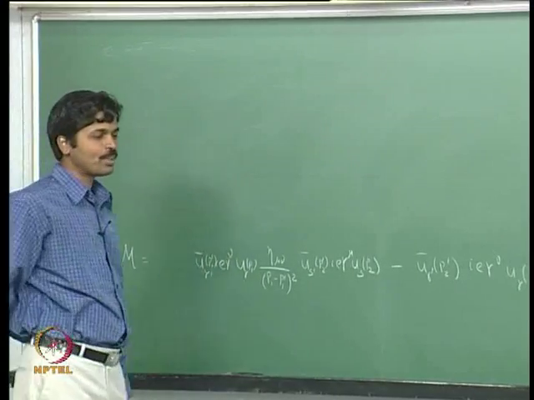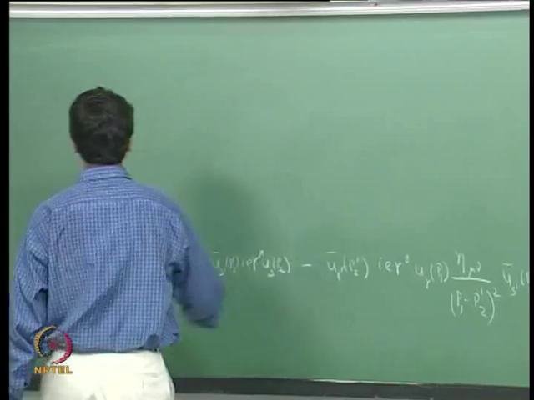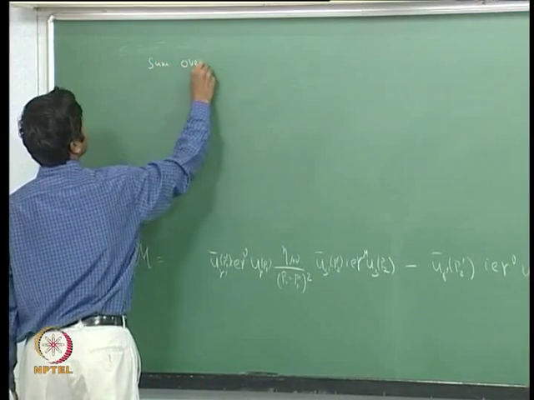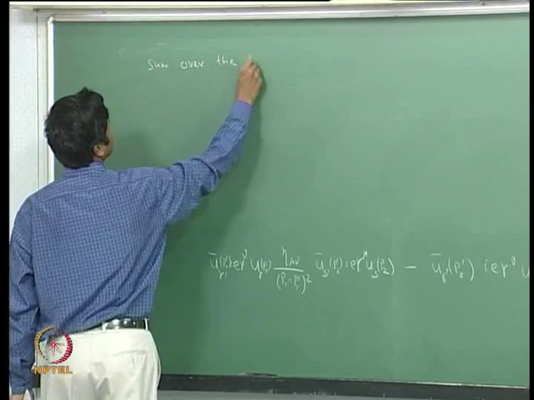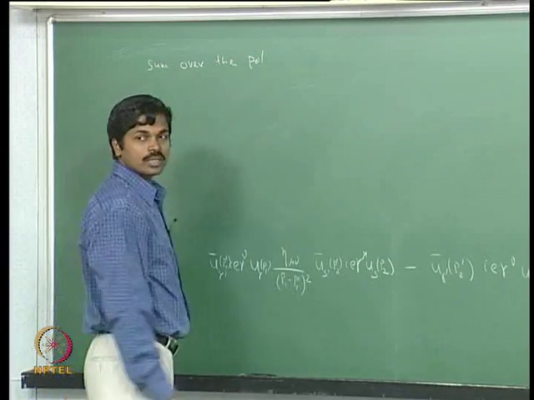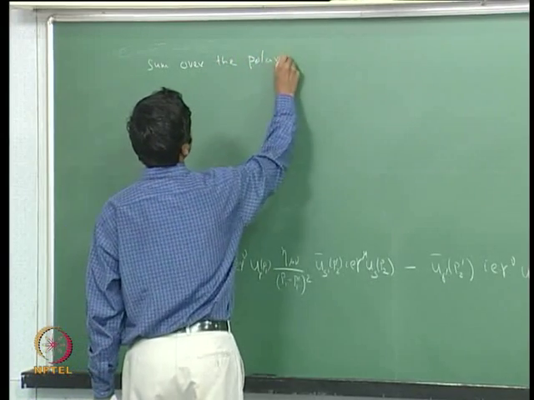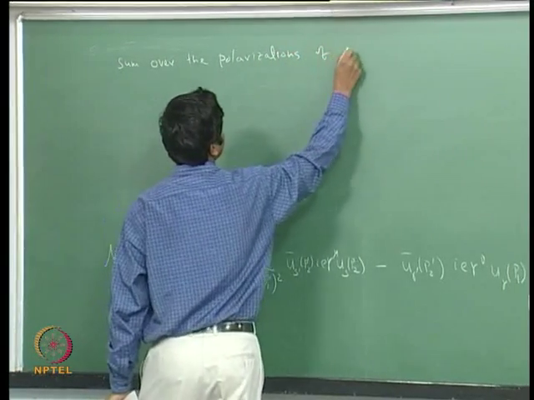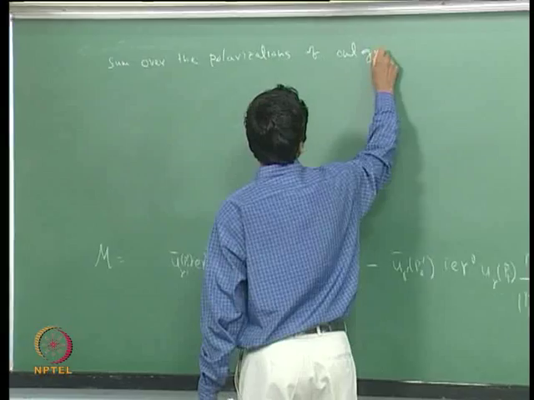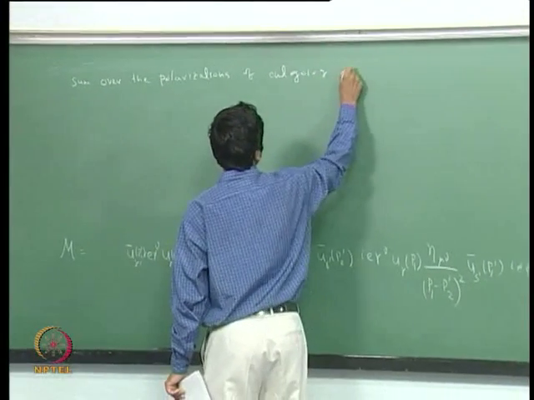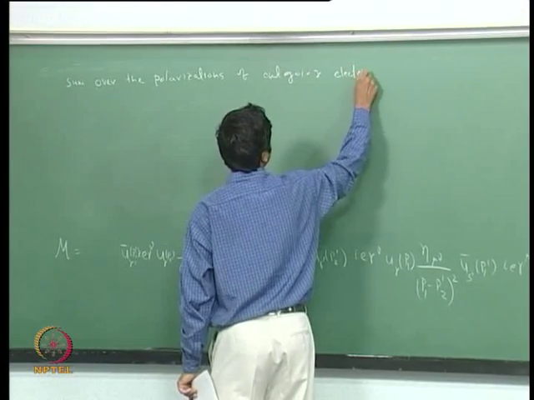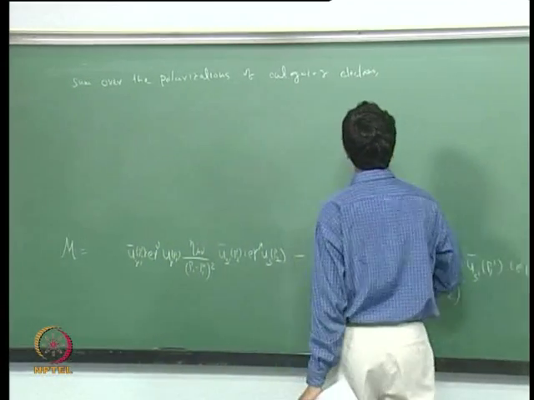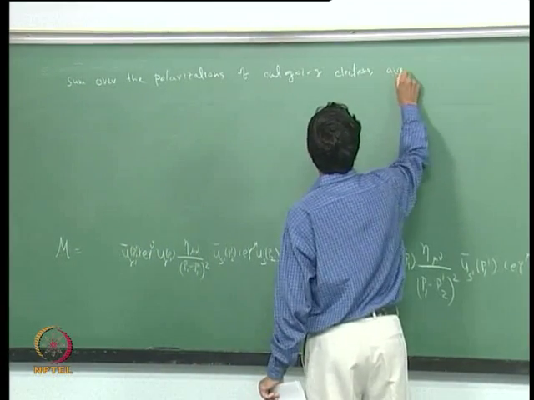So again what we will do is sum over the polarizations of the outgoing electrons and average over the polarizations of the incoming electrons.